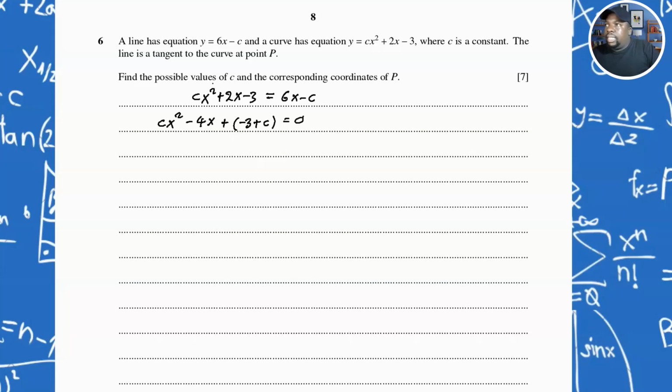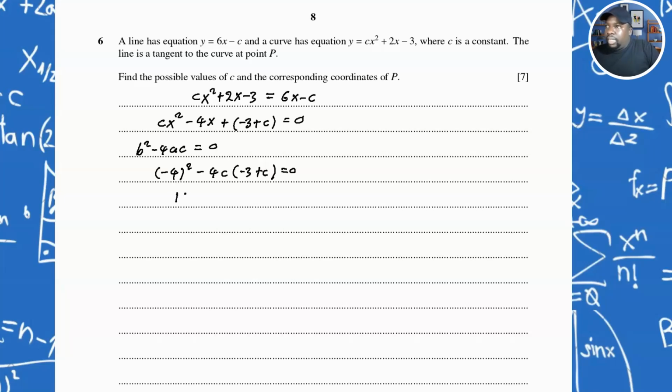All right, and since the line is a tangent, we know that b squared minus 4ac should be equal to 0. All right, so b squared minus 4ac is minus 4 squared minus 4 of c of minus 3 plus c equal to 0.